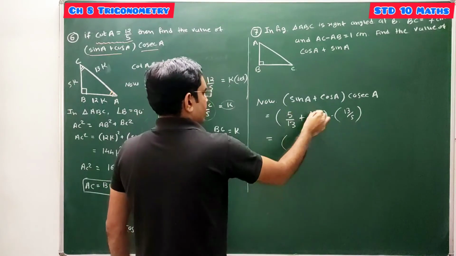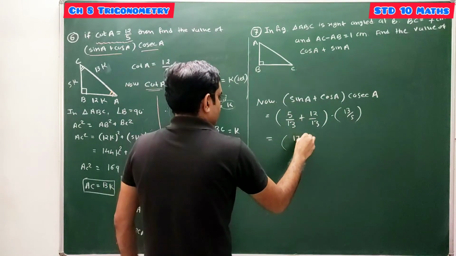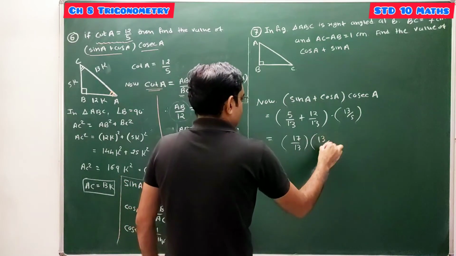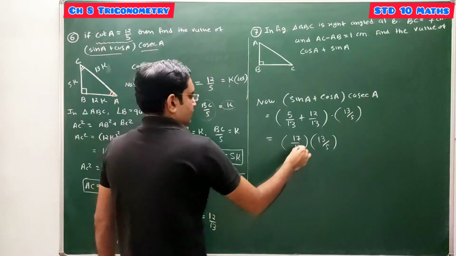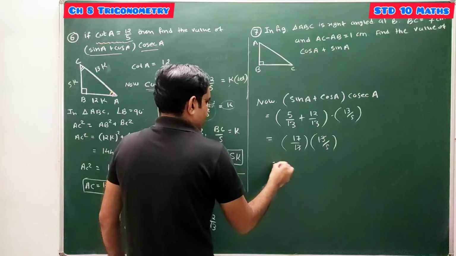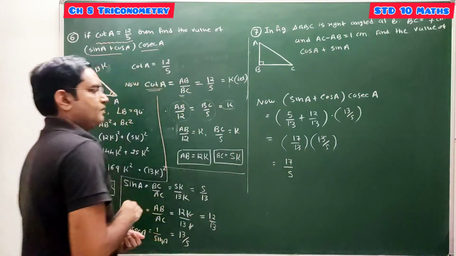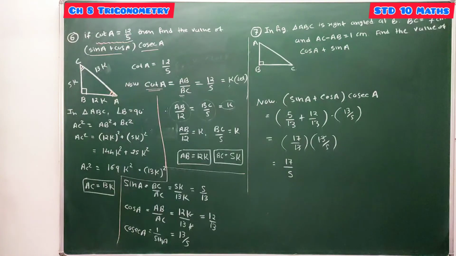So this one is 5 plus 12, 17 upon 13, and this one is 13 upon 5. So this 13 cuts. So our answer is 17 by 5. Done. So this is a 3 mark question.